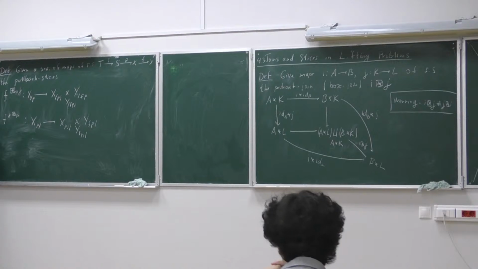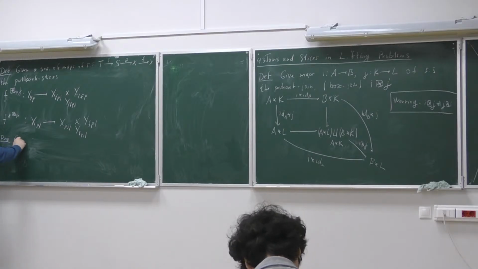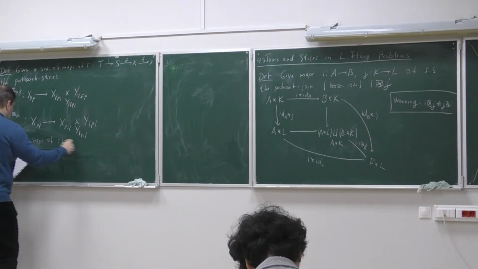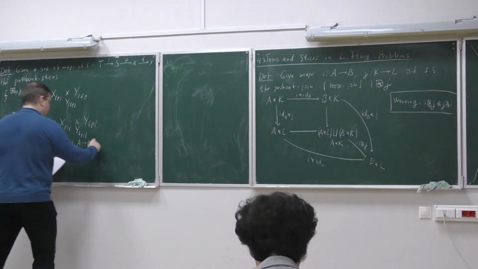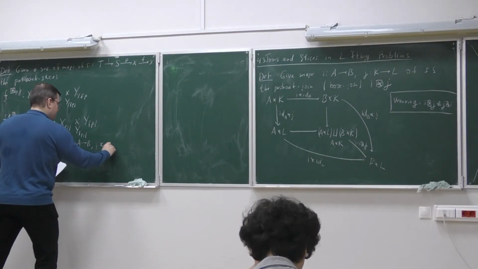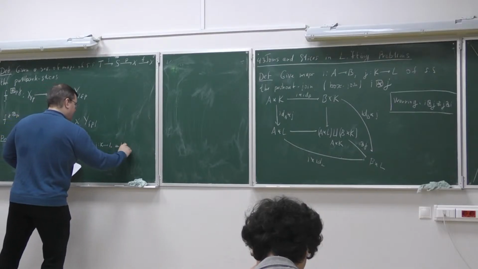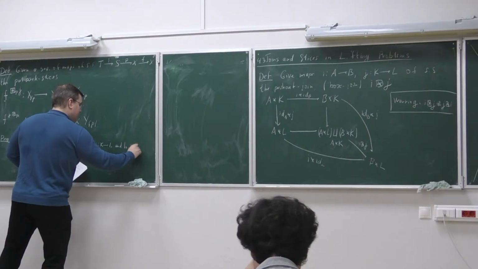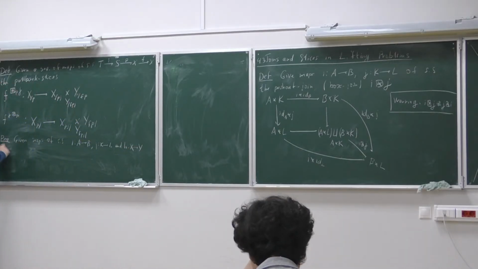So, proposition. It says the following. Again, given maps of simplicial sets, map I from simplicial set A to B, map J from simplicial set K to the simplicial set L, and also map H from a simplicial set X to the simplicial set Y. Then the following are equivalent.